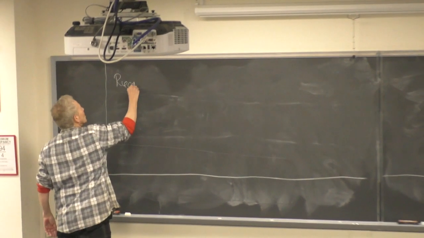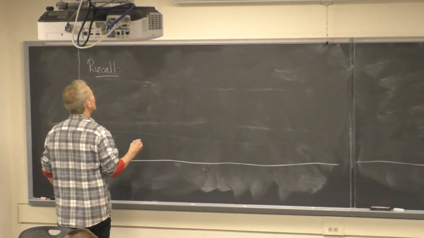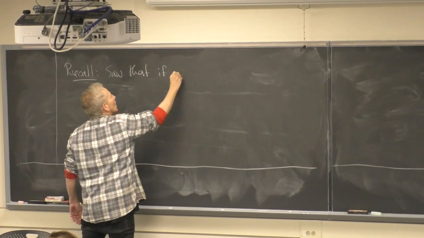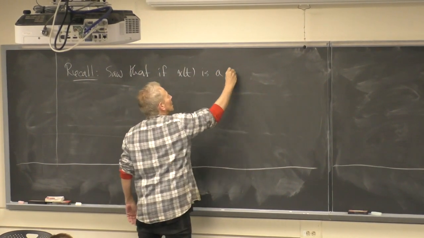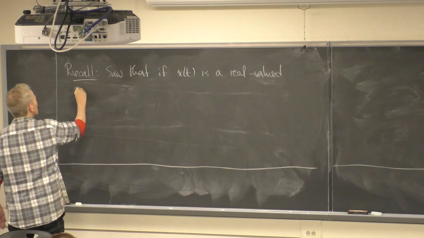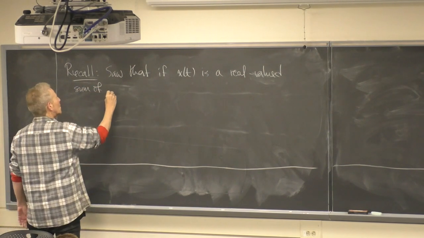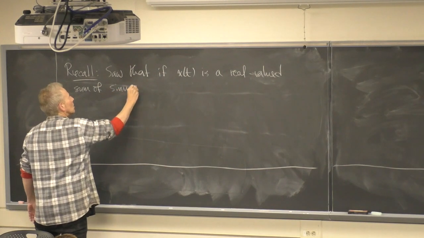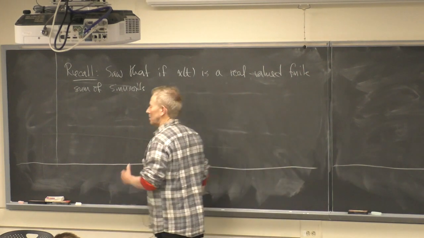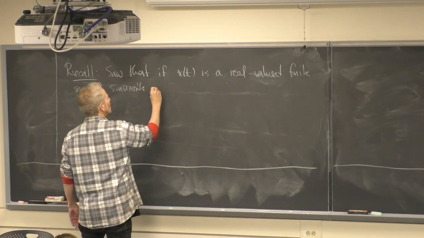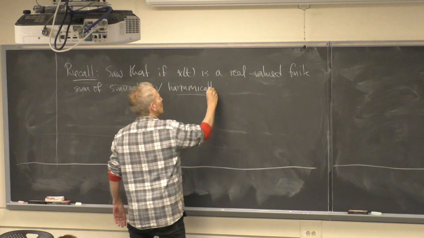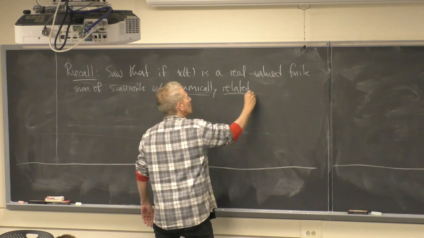All right, so anyway, last time, remember we took our first baby step in the direction of Fourier series, and that was the following. We saw that if x of t is a real valued signal that's the sum of a bunch of pure sinusoids, and by the way, a finite sum, so there's only a finite number of terms, of sinusoids with what I called harmonically related frequencies.